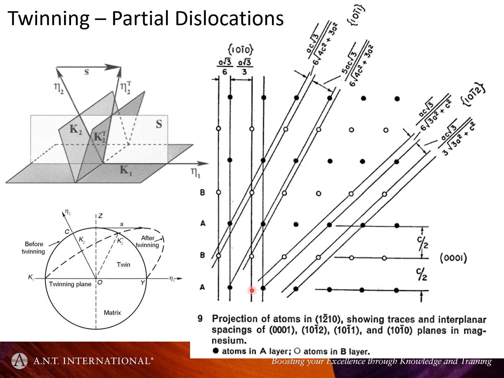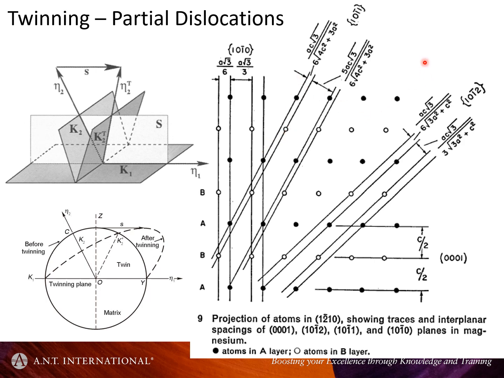Now, as I said, the planes in hexagonals which are non-basal are actually corrugated, and that means that one has this kind of zigzag structure to the planes.